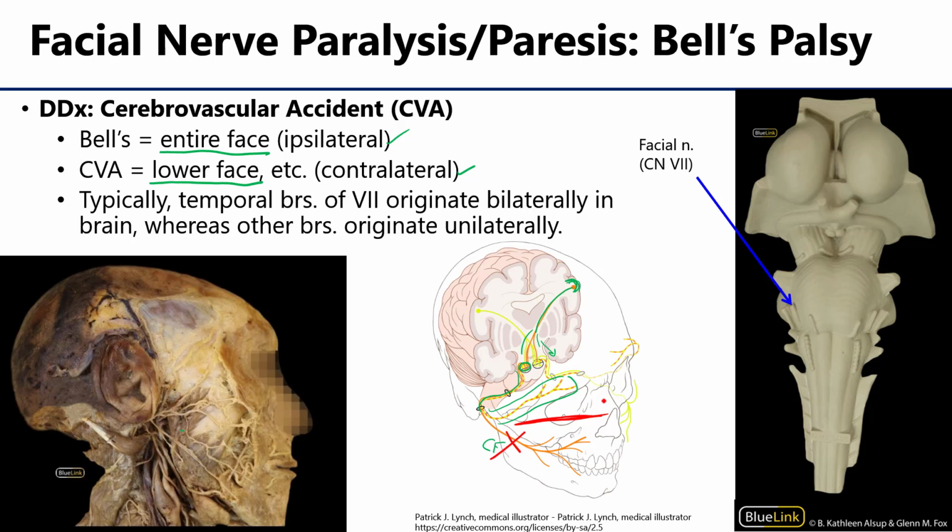You'll still have some furrowing of the brow with a cerebrovascular accident that you won't with Bell's palsy. Because with Bell's, keep in mind, you're knocking out the entire facial nerve. So you lose both temporofacial and cervicofacial divisions.